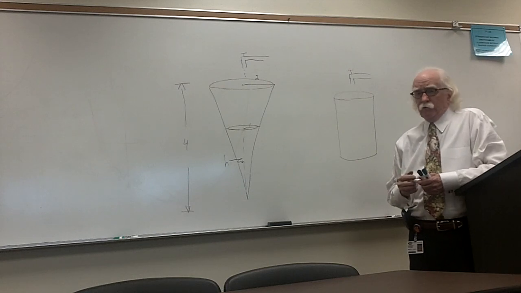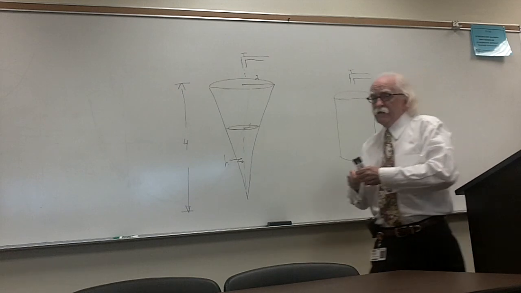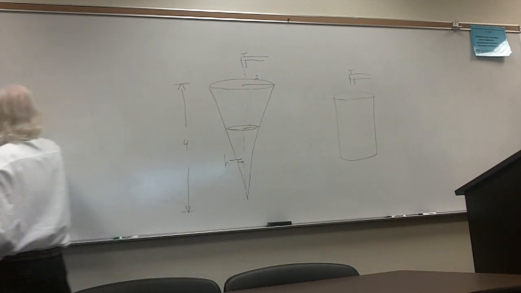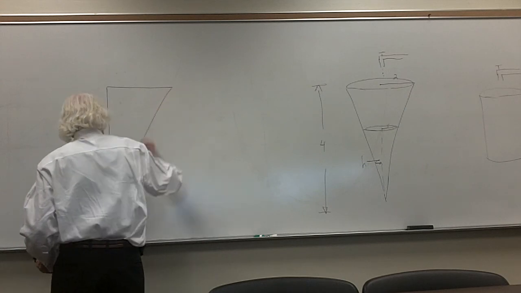What do you see when you look at that problem that you're looking at here? What you should see is this. You should actually see something that looks just like this.